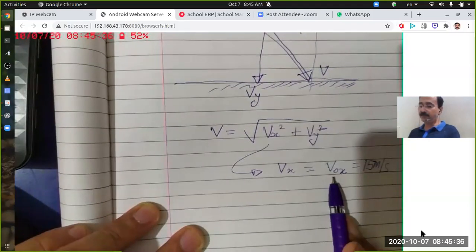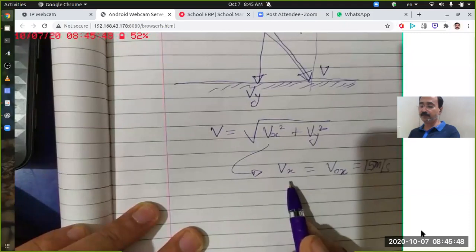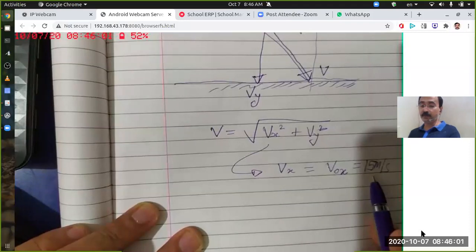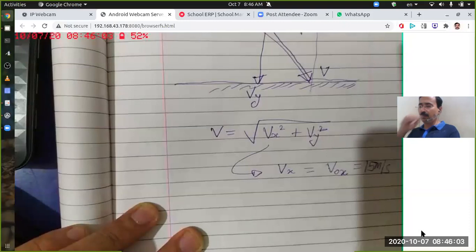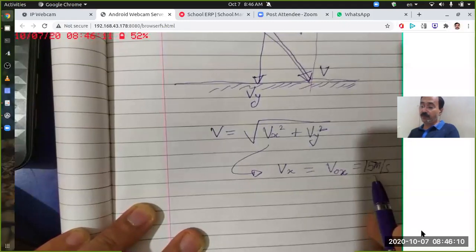Any idea? Is there any acceleration taking place along horizontal? No, sir. That means velocity will remain constant. Initial velocity was 15 meter per second, and the same would be the final velocity.